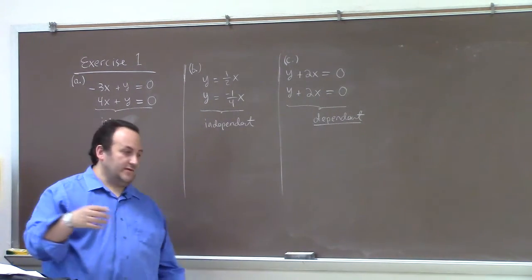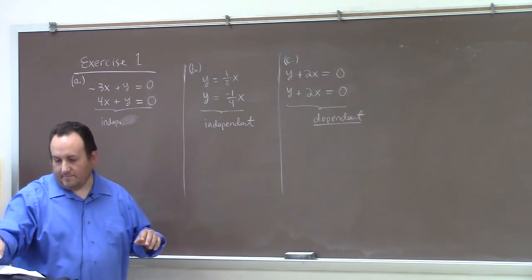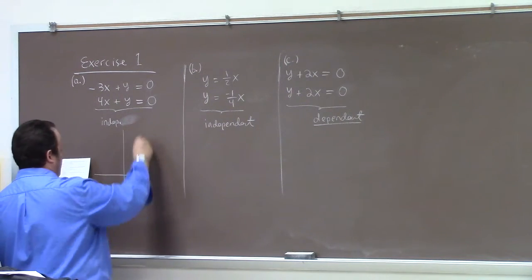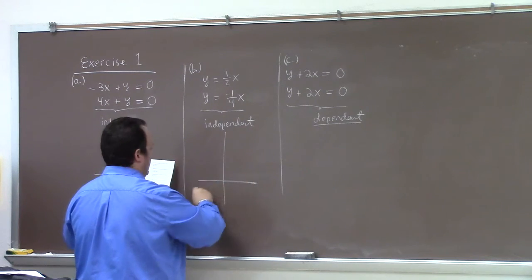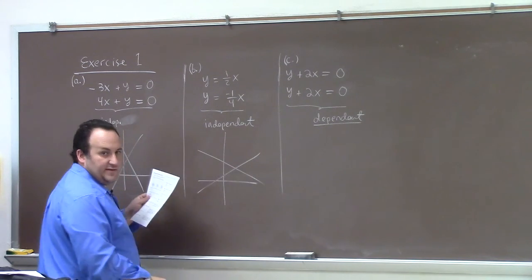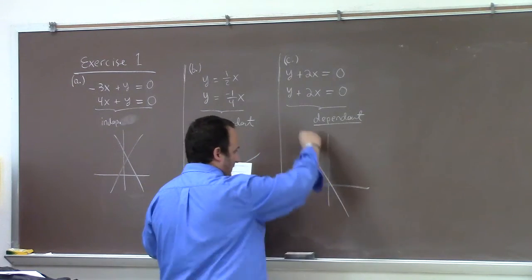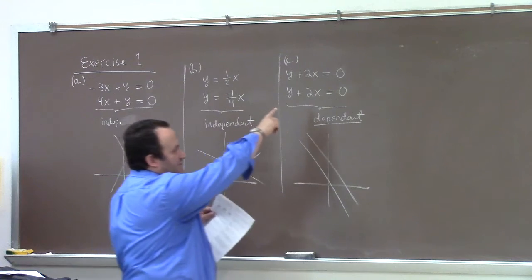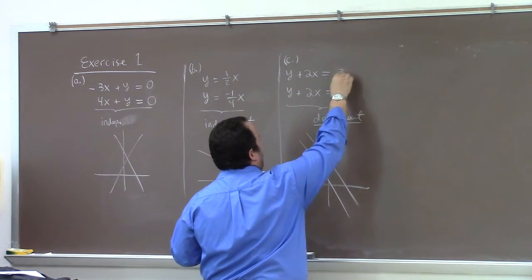Right, and you notice that the graph's given, right? This one, the lines are skew. And this one, there's no solutions, right? Because, well, the one I drew, when I put the numbers back, it's what I've pictured, right?